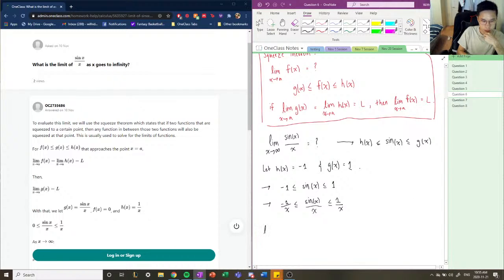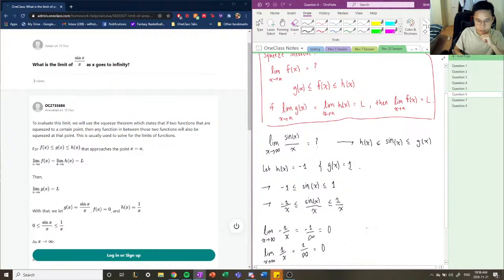So let's calculate the limit as x approaches infinity of negative 1 over x, okay? Using substitution, that would equal negative 1 over infinity. And we know that anything divided by infinity is going to be 0, okay? How about the limit as x approaches infinity of 1 over x? That's the same thing. It'll be 1 over infinity, and we get 0.